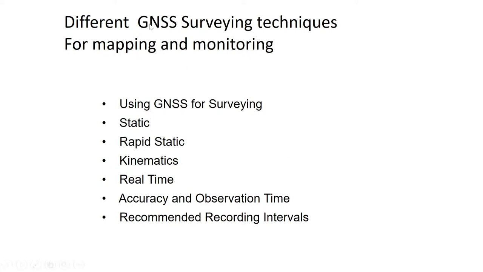So, different GNSS surveying techniques for mapping and monitoring. Here you can use GNSS for surveying. You can go for static measurement, rapid static, kinematic, and real time, with accuracy and observational time, then the recommended recording interval. These are the different surveying techniques.